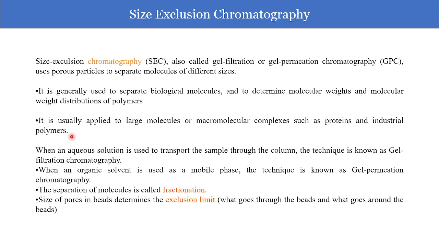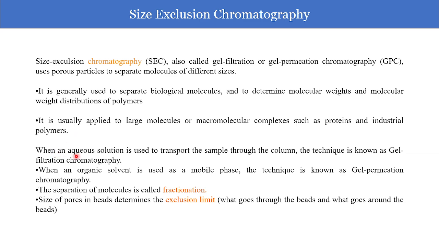So we use it to separate larger molecules or macromolecular complexes from smaller proteins, a multimer or oligomer from a monomeric structure. So it separates molecules according to molecular weight, and you can also tell about the molecular weight distribution.